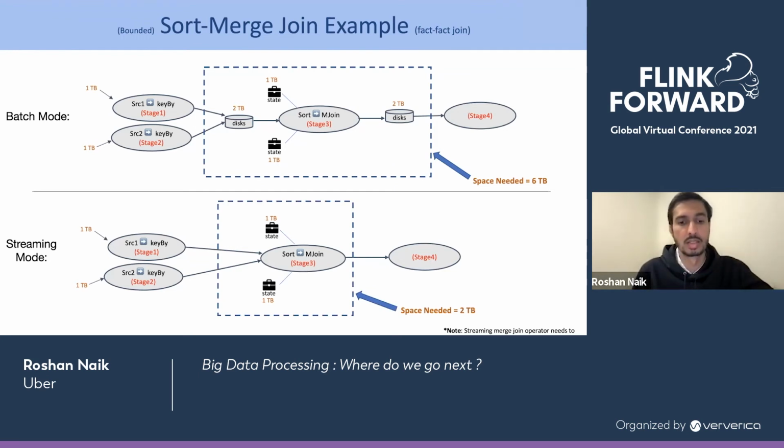So you can see there's a significant difference in terms of resources required between batch versus streaming. And obviously this is proportional to the input size. As the input size grows, the amount of space required also grows, and it doesn't grow as fast in the streaming mode as in the batch mode.